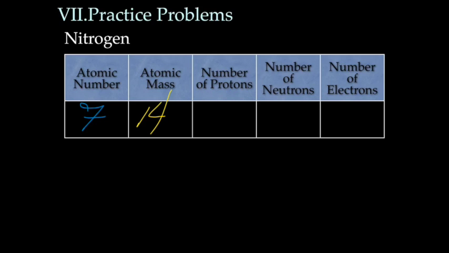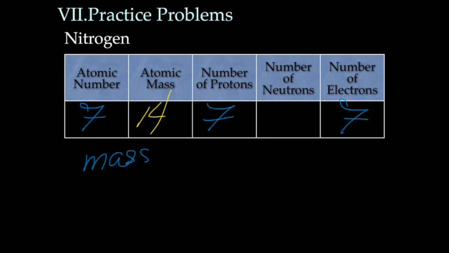All right, so from that information, we need to figure out the number of protons, neutrons, and electrons. So, how do we figure out the number of protons? Well, the number of protons is the same as the atomic number. How do we figure out the number of electrons? That's the same as the number of protons. And now, how do we figure out the number of neutrons? We just learned a formula.